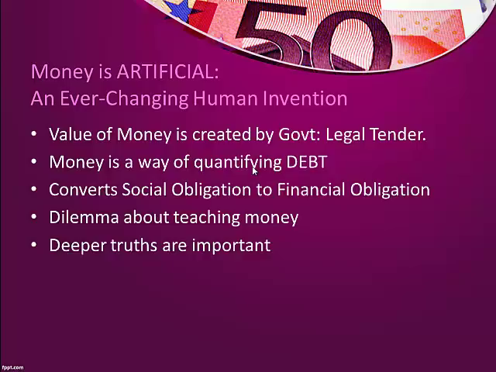So this creates a dilemma because the deeper truths about money are important, but they are also difficult to understand and teach. We can teach, you see, here is the system, this is what the system is. But teaching about why the system is like this and how it can be changed, that requires much more scholarship and much more depth.